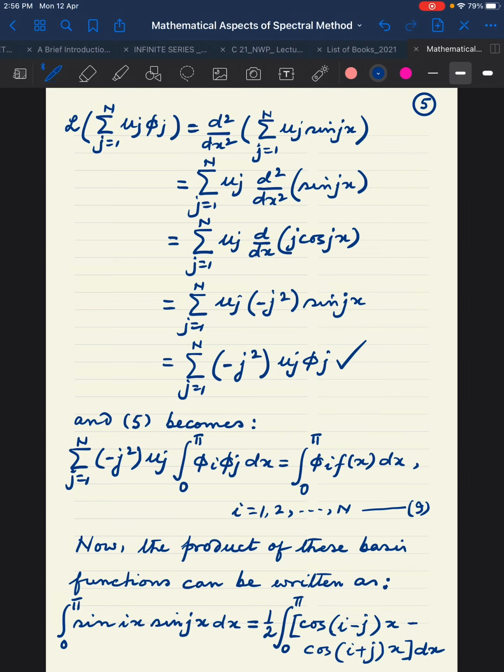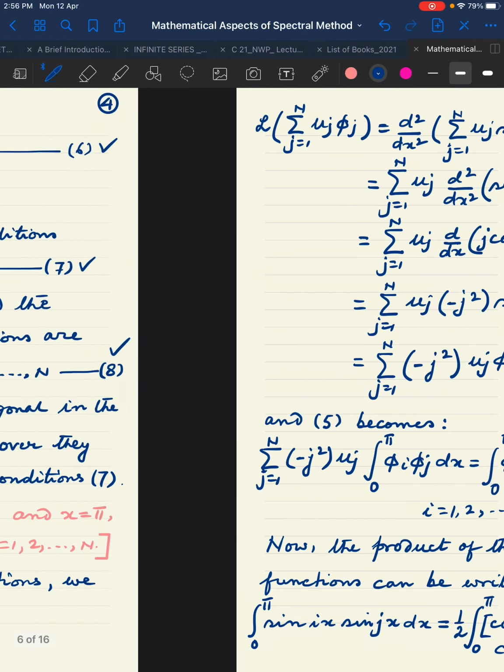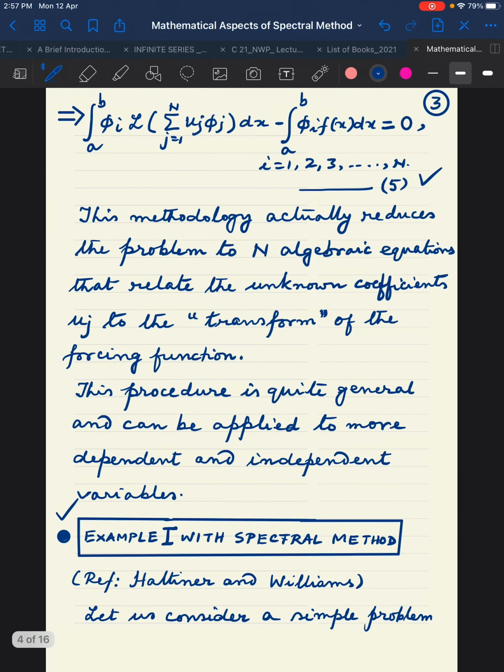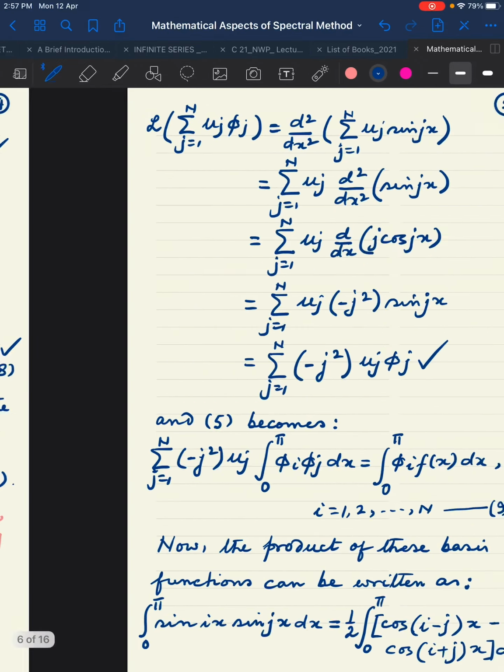Now we will have to go back to our equation 5. Let me show you. This was our equation 5. Now we will put the values here to get a general solution of 5.